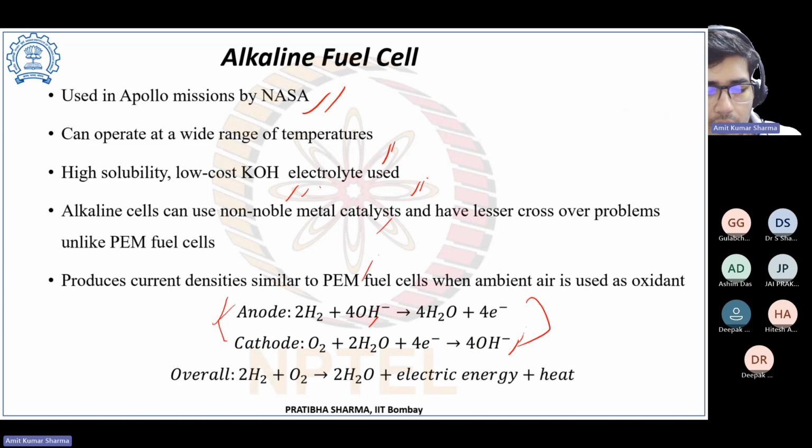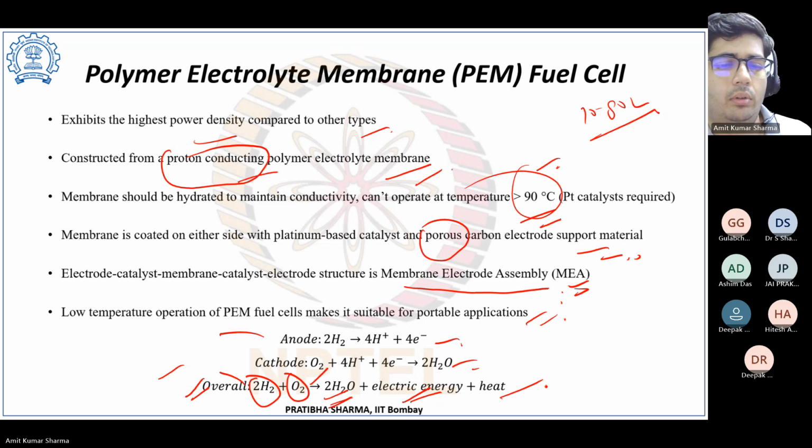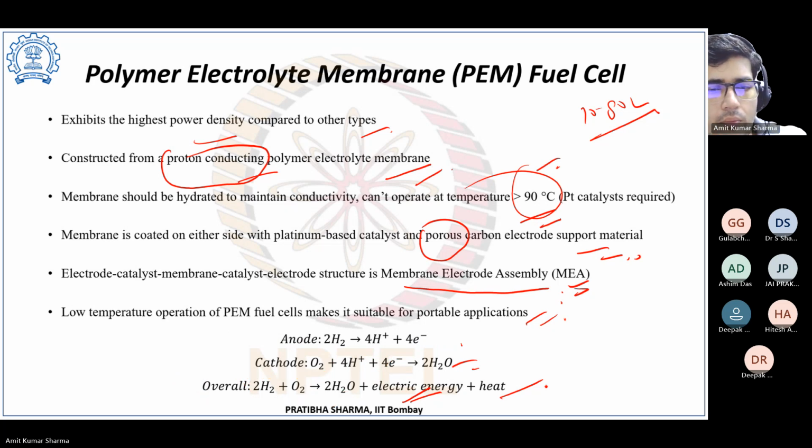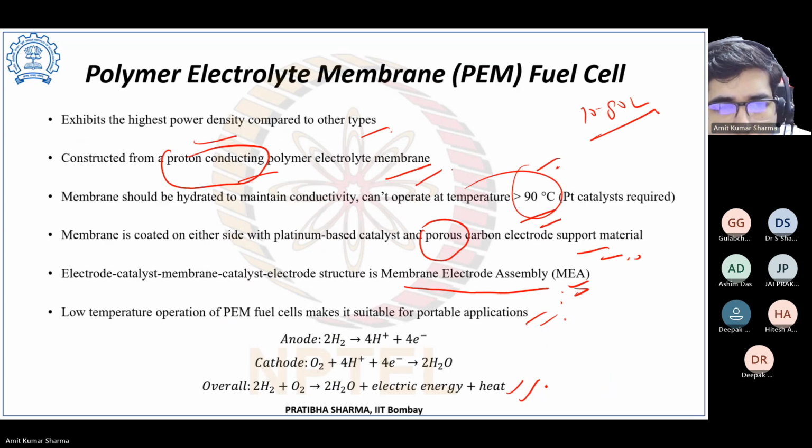You can see these reactions. If you compare the overall reaction, it is the same, but the half cell reactions happening at the anode and cathode are different. What is that difference actually?